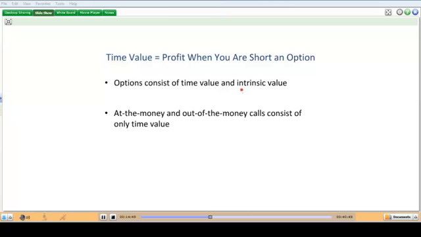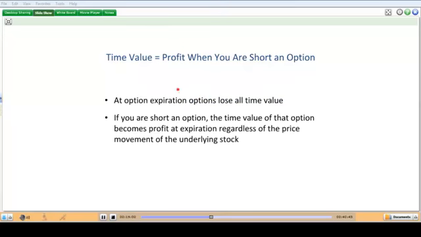And if you trade at the money or out of the money calls, they consist of time value only. So with this weekly covered call strategy, what I like to do is sell at the money calls each week. And those at the money calls consist of only time value.